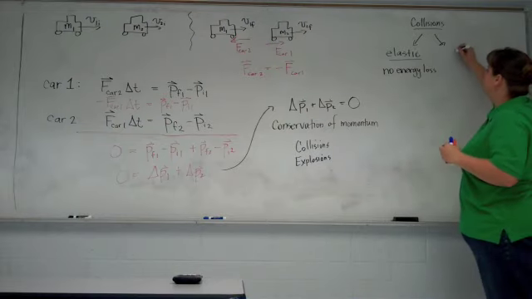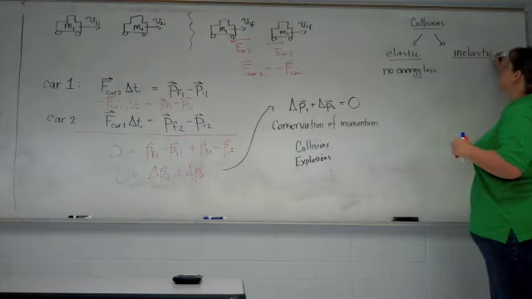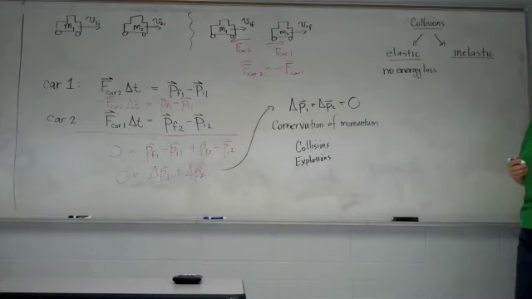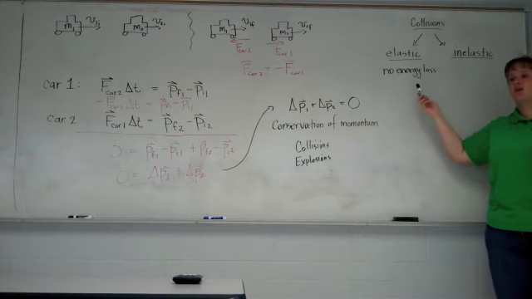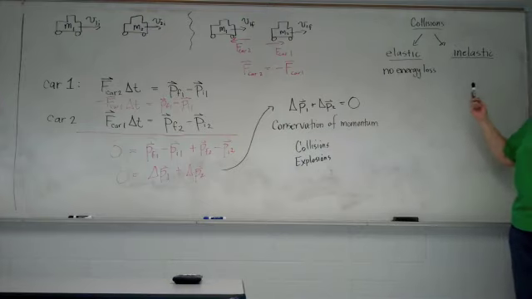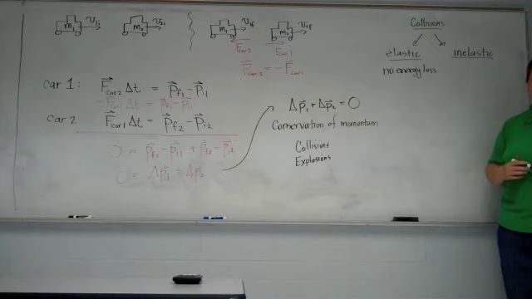The other type of collision is inelastic. Well, if elastic is no energy loss, then inelastic is energy loss. Now by loss we mean that it's no longer in the form of moving energy. So the energy that it had because of motion.